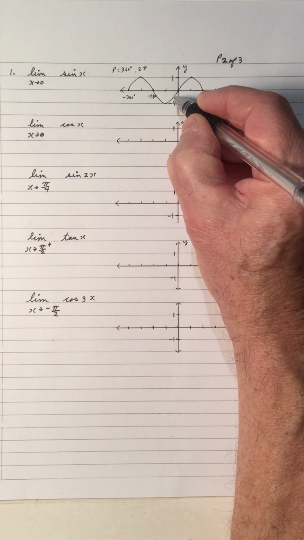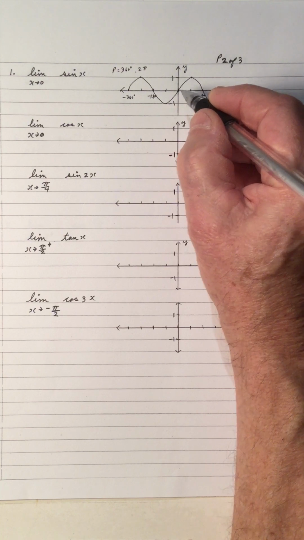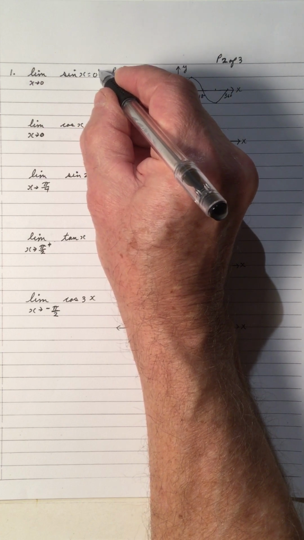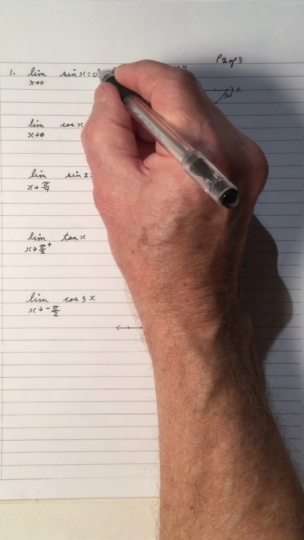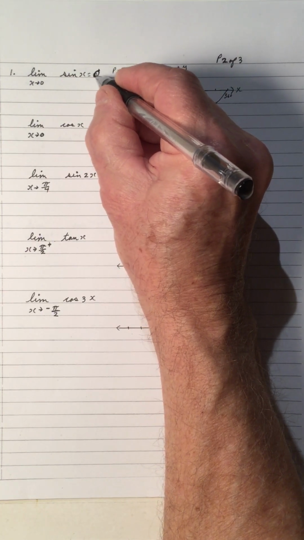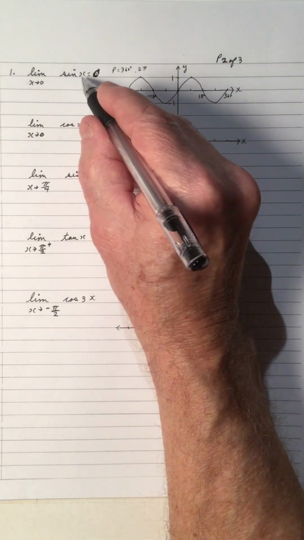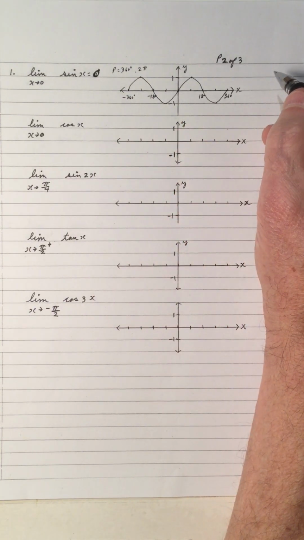As we approach 0 on the left side, we have a 0. So the answer is 0. The limit is 0, just a value, because x is in terms of degrees or radians.